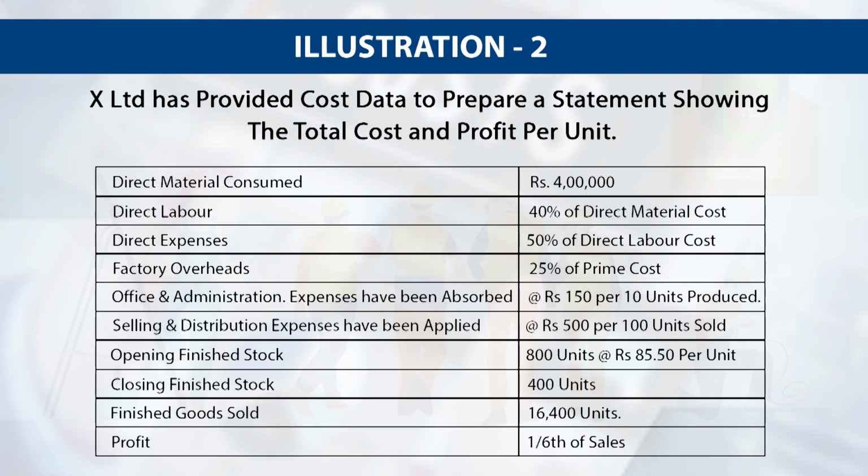Direct material consumed rupees 4 lakhs, direct labor 40% of direct material cost, direct expenses 50% of direct labor cost, factory overhead 25% of prime cost, office and administration expenses absorbed at rupees 150 per 10 units produced, selling and distribution expenses applied at rupees 500 per 100 units sold, opening finished stock 800 units at rupees 85.50 per unit, closing finished stock 400 units, finished goods sold 16,400 units, and profit is 1/6 of sales.